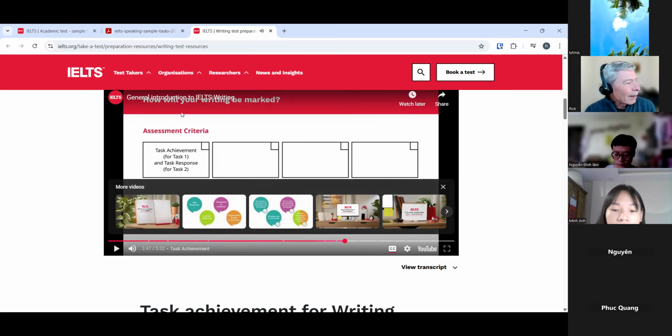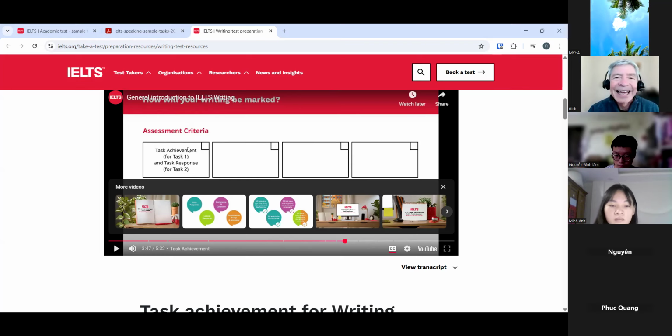Okay, everyone, so you can see your writing, both Task 1 and Task 2, is marked according to four different criteria, or 4 different categories.